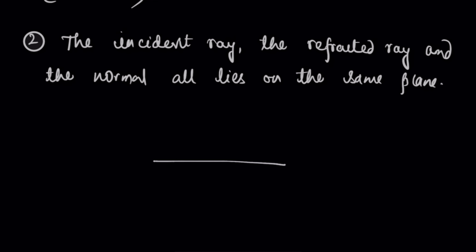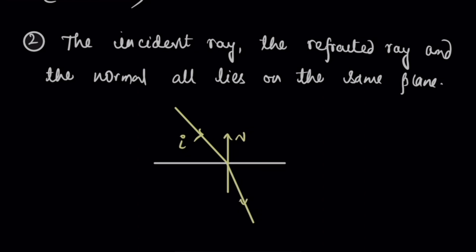If this is the surface, here is the incident ray, this is the normal, and this is the refracted ray. So if the incident ray is in the xy plane, the normal will be in the xy plane, and the refracted ray will also be in the xy plane. So all three, the incident ray, the refracted ray, and the normal, lie on the same plane.